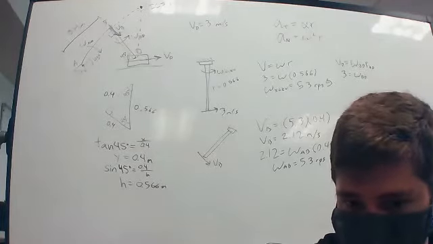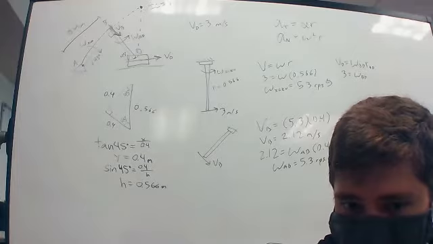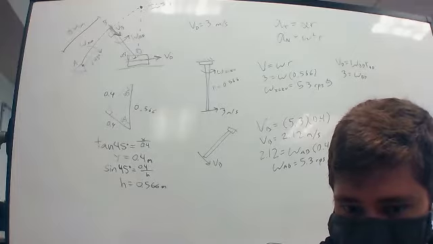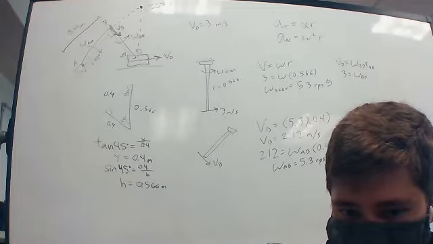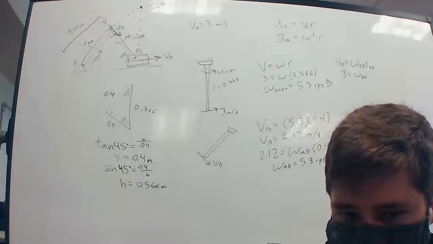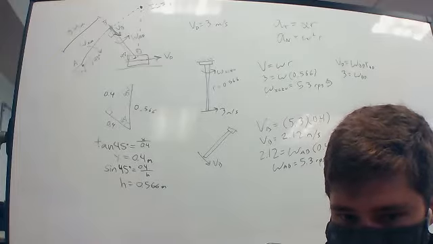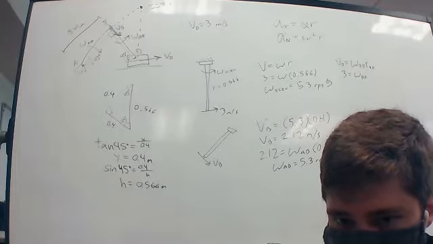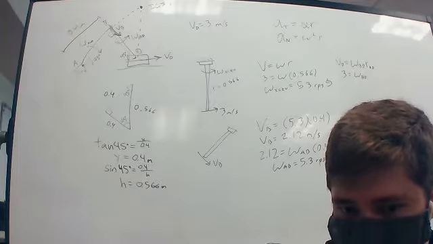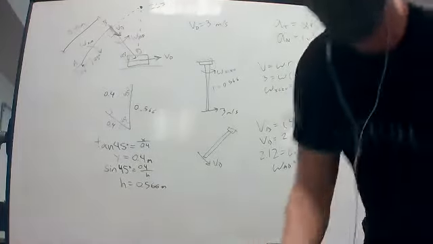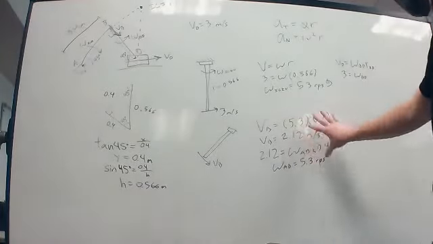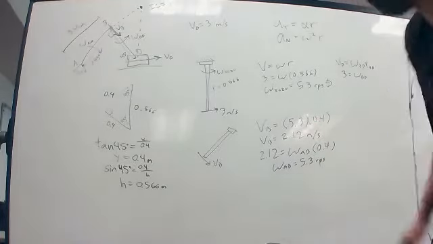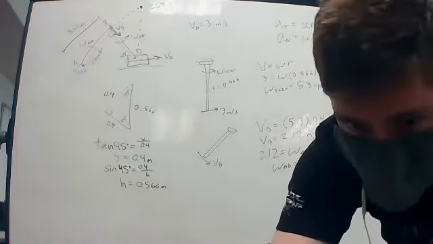I think I just skipped over one step on accident. Okay, there it is. So everything for our omega AB is totally fine. Everything for what we've done is totally fine. I just, like I said, missed one step on accident.